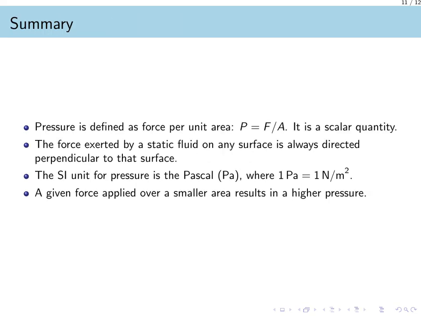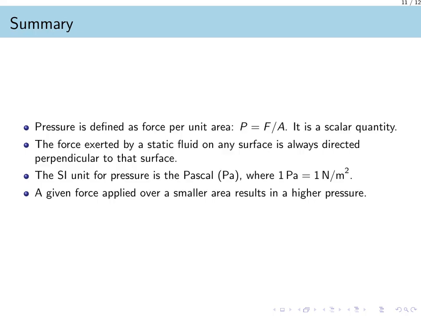Let us summarize the fundamental concept of pressure. We have defined pressure as the amount of force applied perpendicularly to a surface, divided by the area over which that force is distributed. This relationship is expressed by the equation P equals F over A. It is important to remember that pressure itself is a scalar quantity, meaning it has only magnitude.